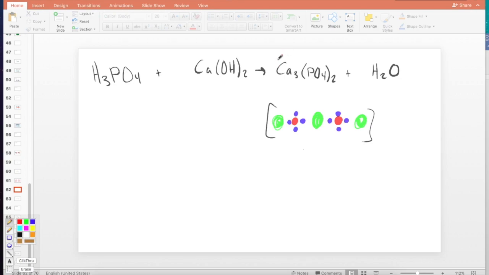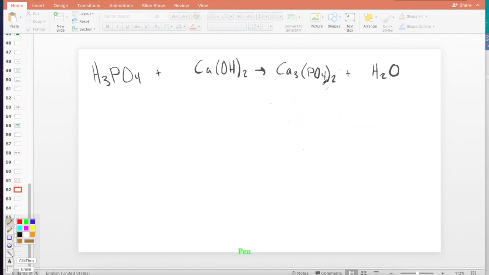This could be one way of drawing this chemical compound: 3 calciums, and then 2 units called PO4 that always go together. Each one made of 1 phosphorus and 4 oxygens. PO4, PO4. There are 2 of them bound to 3 calciums. That is what the parentheses mean, and that is why there's a subscript on the outside of them.